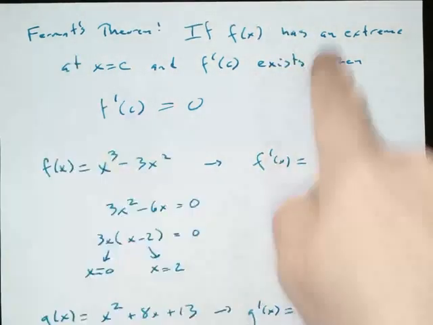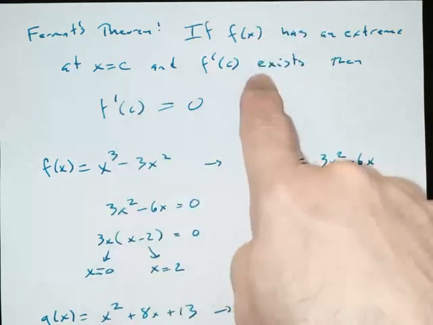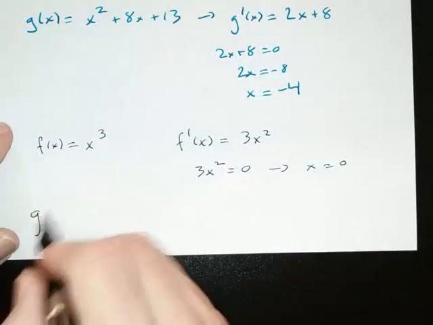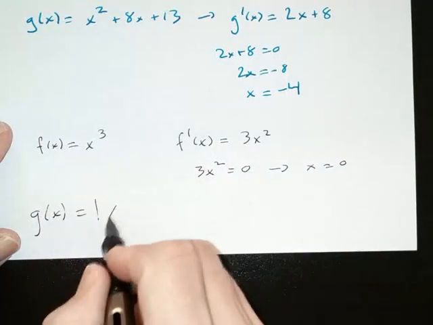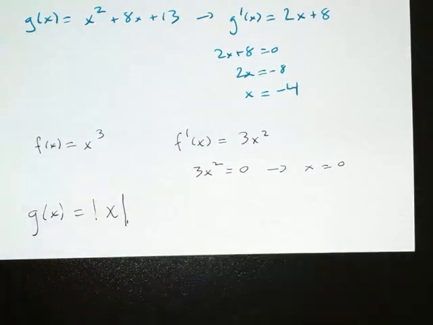But this is a compound if statement. If I have an extreme and my derivative exists. What does the graph of the absolute value of x look like? A V shape.